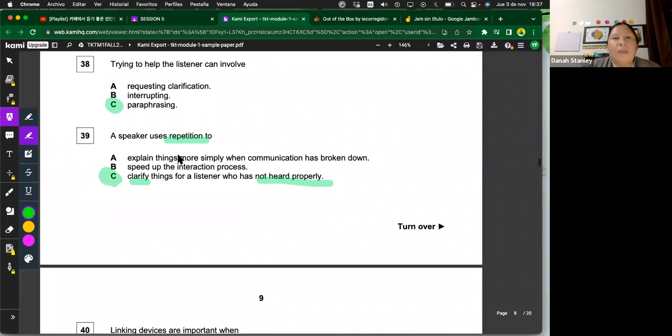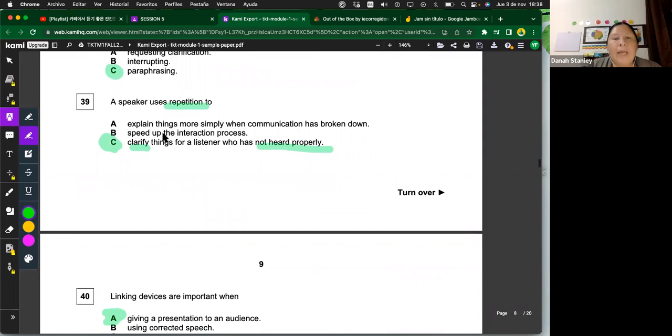The speaker uses repetition to explain things more simply when communication has broken down, speed up the interaction process, or clarify things for a listener who has not heard properly. Repetition, obviously, when the person cannot hear correctly, you need to repeat. Explain things more simply when communication has broken down: in this case, you stopped.